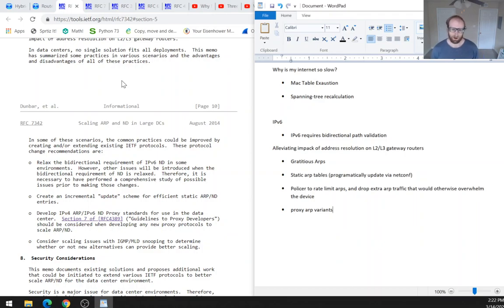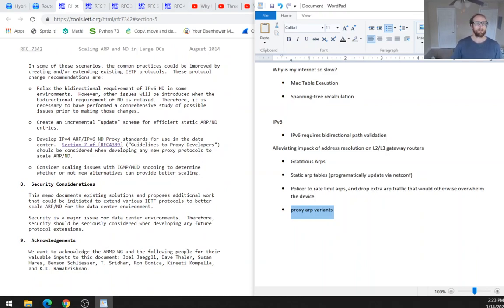Or you can set up proxy ARP, which is not effective for IPv6 and not scalable and really not the best solution, but it is something that you can look into in a special case that calls for it. What that special case is, I don't know, but if gratuitous ARPs, static ARP tables, and policing ARPs are not solving your problem, you can do a deeper dive into proxy ARP.